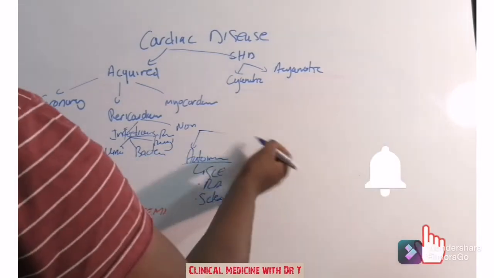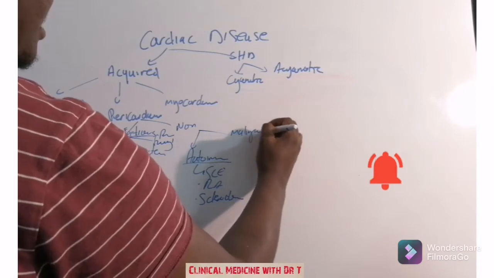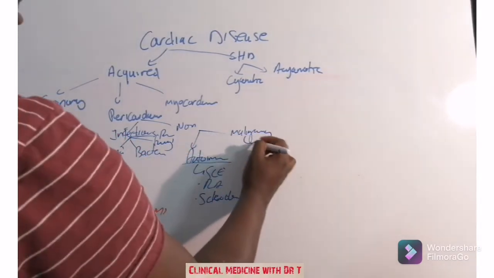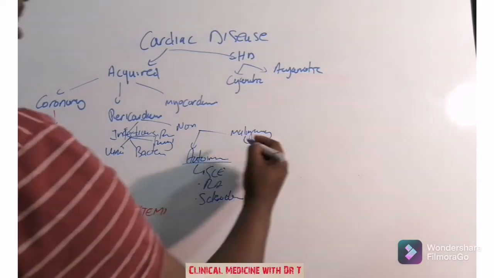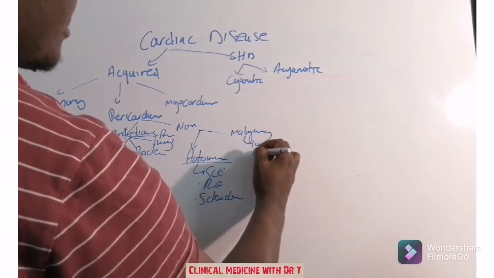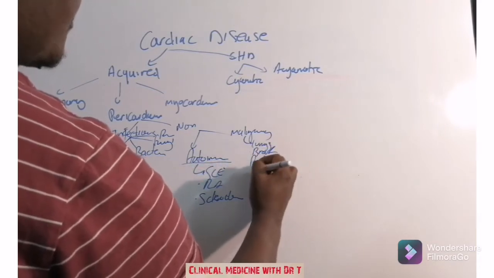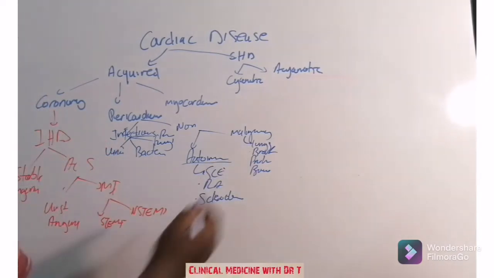And then under non-autoimmune, you've got things like malignancy, and we said it's usually metastasis from the lungs, from the breast, even from the prostate, even from the bone.